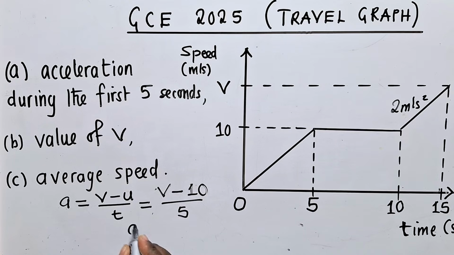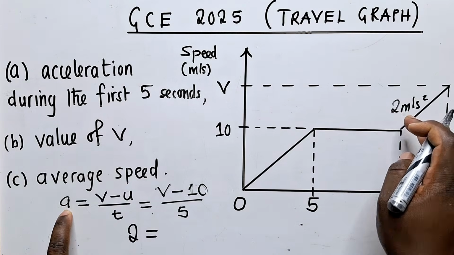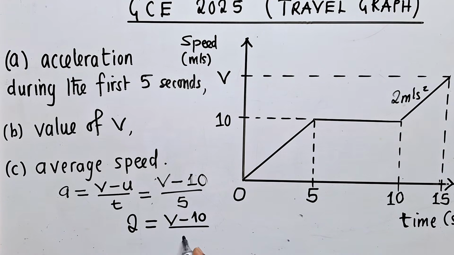So we can say 2 is equal to, I've written the 2 where a is, it's 2 meters per second squared. That's the acceleration. And then we say v minus 10 over 5, the 5 being the time right here.